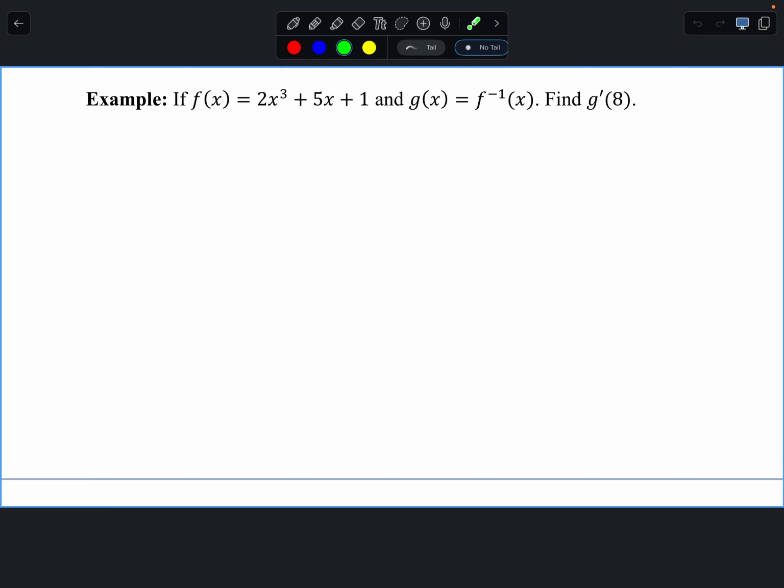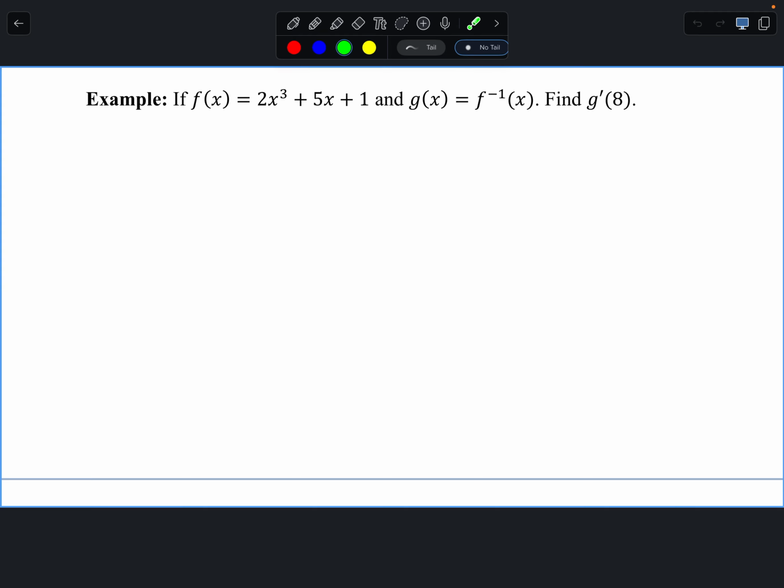I would consider this problem as well as the next one as more like textbook type questions. You know how our textbook ends up being a little bit more algebra heavy, like skill and algebra heavy, versus the College Board questions, which end up being a little bit more conceptual. Part of that is the College Board questions, especially multiple choice questions, and this is probably where this topic would show up.